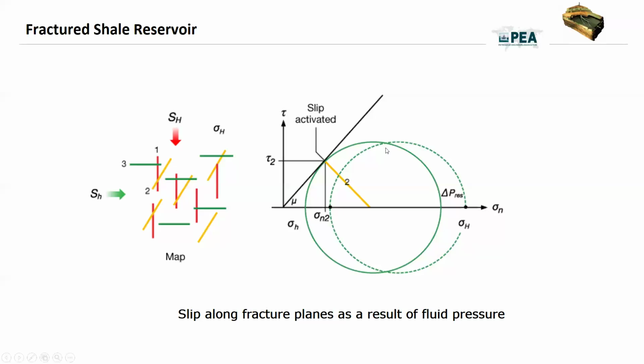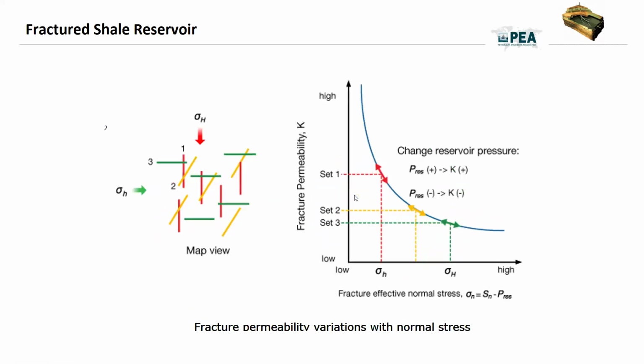So this green dotted line represents the initial state of stress of fracture set 2, and how this stress has been changed after production of this unconventional reservoir after hydraulic fracturing. So here you see the fracture permeability variation with the normal stress. As we know, the anisotropic stress impacts the permeability of an anisotropic reservoir.